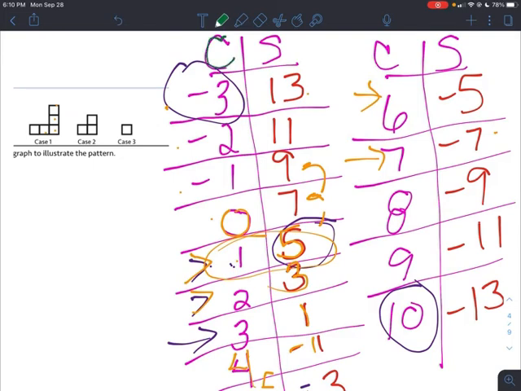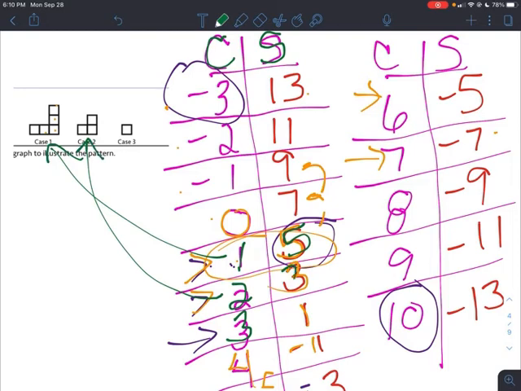So my C, that's my case number, and my S are my number of squares. I started out with 1, 2, and 3, because I have it right there. So case 1 had 5, case 2 had 3, and case 3 had 1 square.